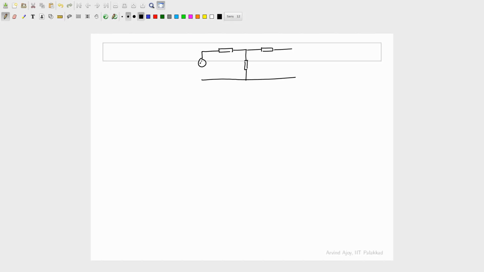So let me go back to the same circuit we were working on yesterday, on the previous slide, but let me just replace 3 arms with some nonlinearities.